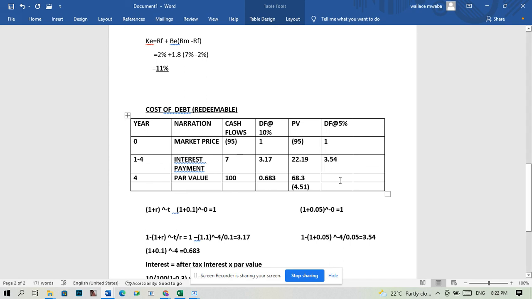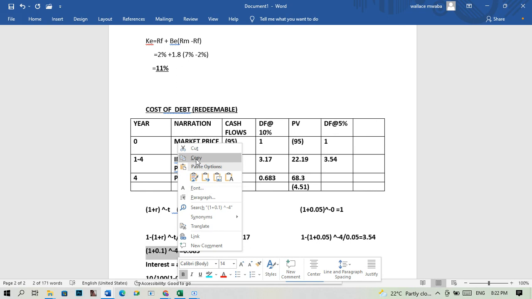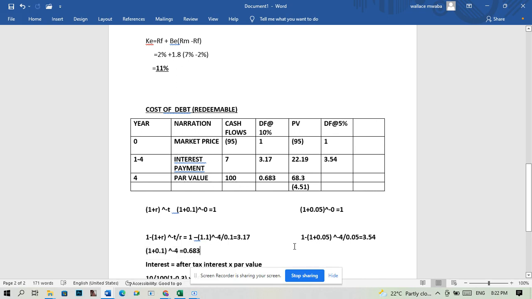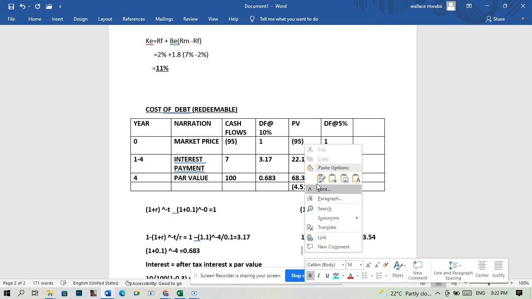All right, and then we're going to say 1 plus 0.05 to the power negative 4. That's 0.823.